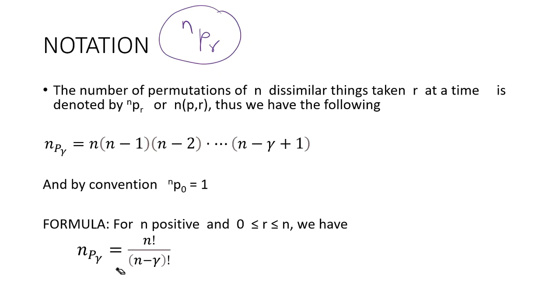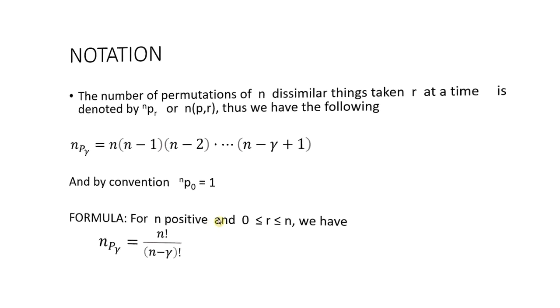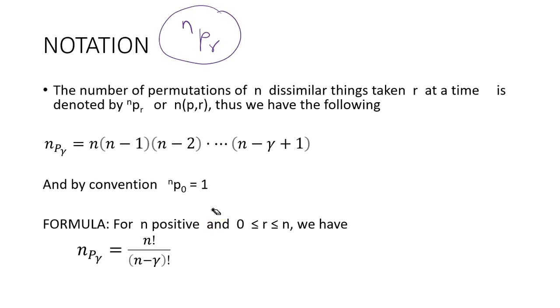And then we have this formula: nPr is equal to n factorial upon n minus r factorial. We can derive this formula here. But before deriving it, you should know what a factorial is. I think you are familiar with factorials now. 10 times 9 factorial, you can write as 10 factorial.